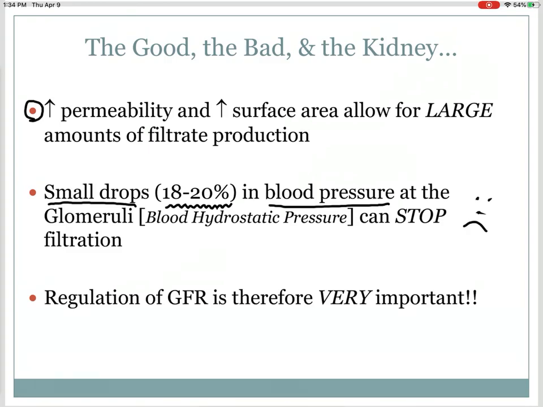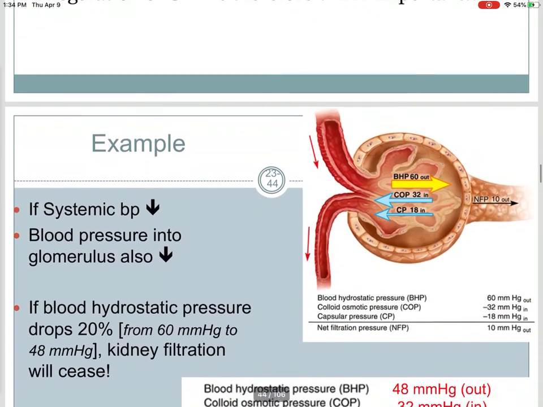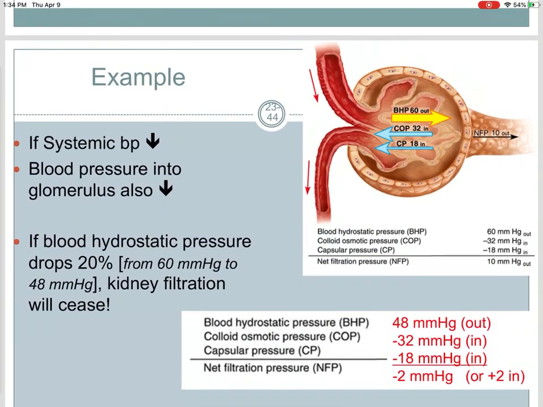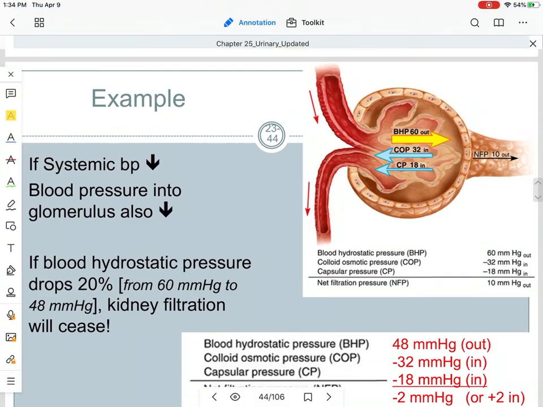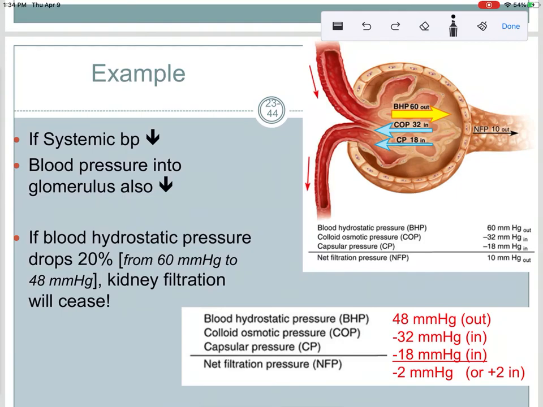So we can prevent the kidneys from shutting down. So I want to lay out what could happen if we have a 20% drop in blood pressure. You don't have to know all these numbers, especially in the bottom of the screen. I would like you to know that it is at about 20% that a 20% drop in blood pressure can shut down the kidneys. Have an idea about that 20%.